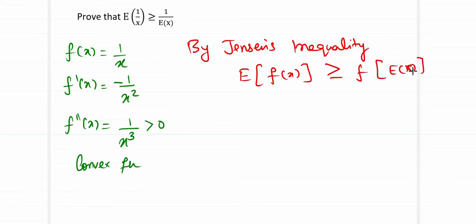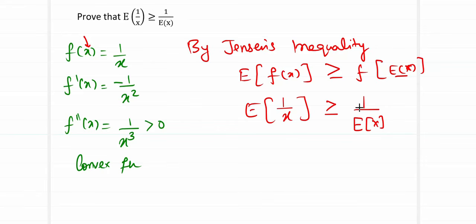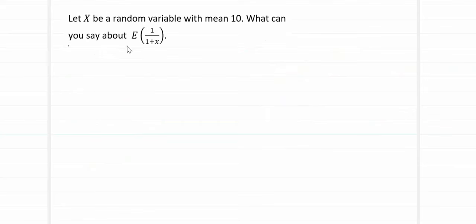So expected value of your function f of x, which is 1 by x, is greater than or equal to, in the function wherever I have x, I have to replace it with E of x. Where is my x? Here. So it becomes 1 divided by E of x. So this gives me E of 1 by x is greater than or equal to 1 divided by E of x. By Jensen's inequality, we have proved it. We'll move on to problem number 3.